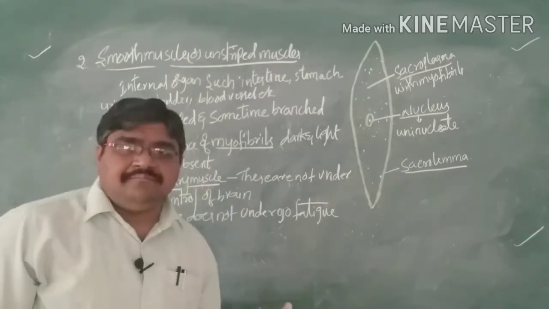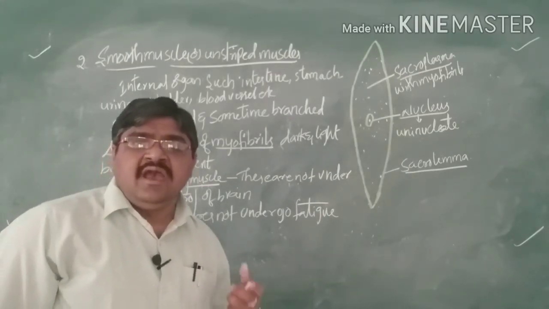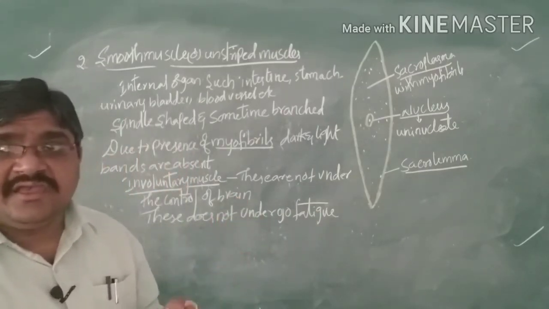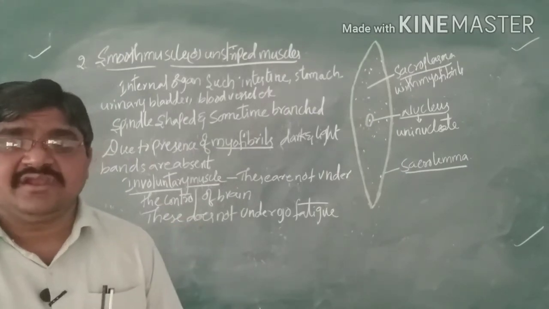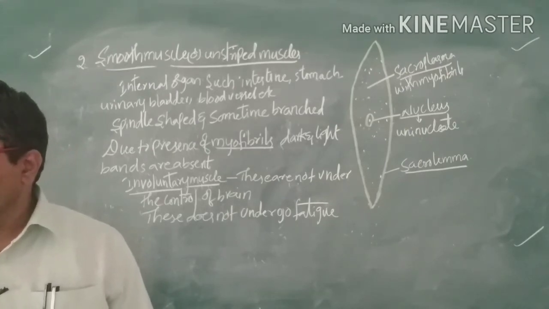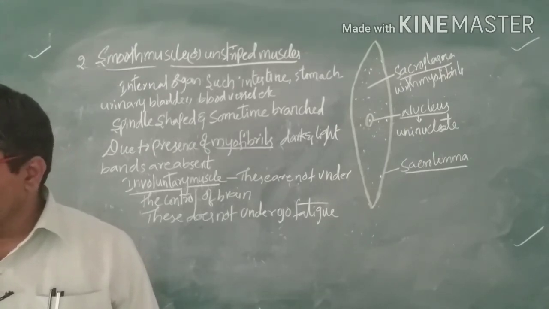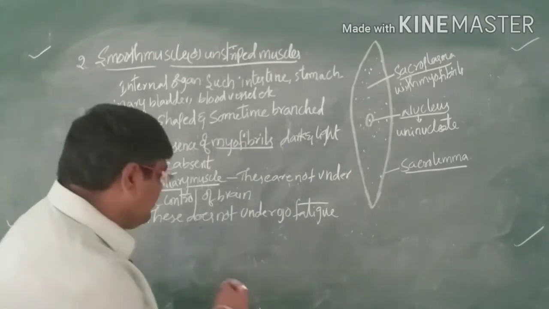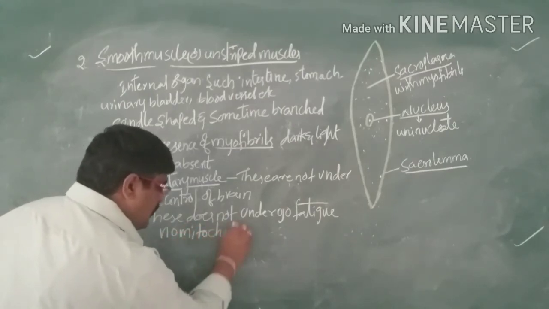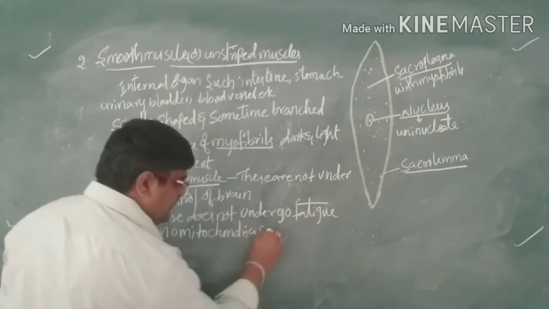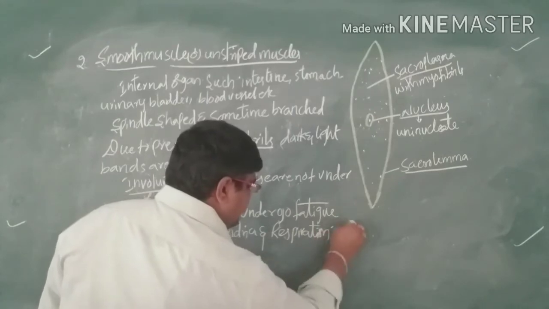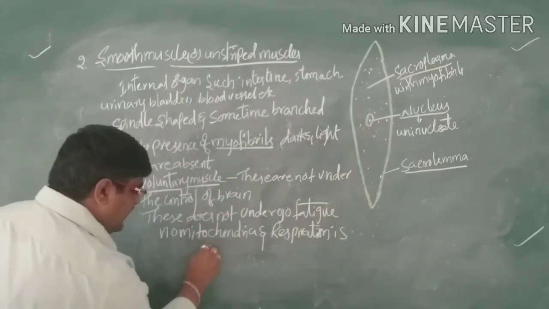Here the mitochondria are absent, and if they are present, they undergo anaerobic respiration. So these contain no mitochondria, and the respiration is anaerobic.